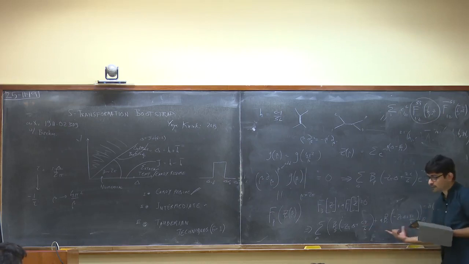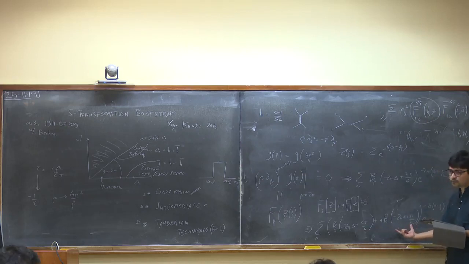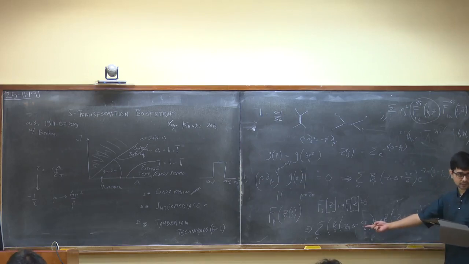Now this object actually has 3 roots. This is a cube in delta, so it has 3 roots.